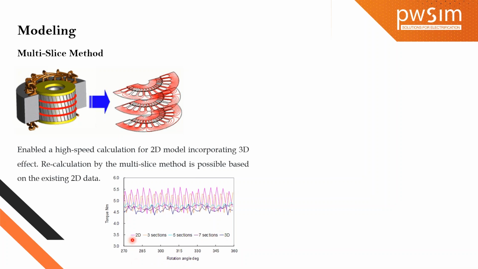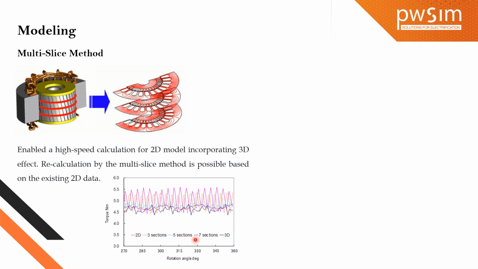For example, this line is a 2D result, where you do not have a smooth curve. For a 3D section, we have a smooth torque ripple, but the same 3D graph can be replicated. We can calculate using the multi-slice condition, where you will have the same curve as in the 3D section, by defining 5 sections or 7 sections depending on the model length.